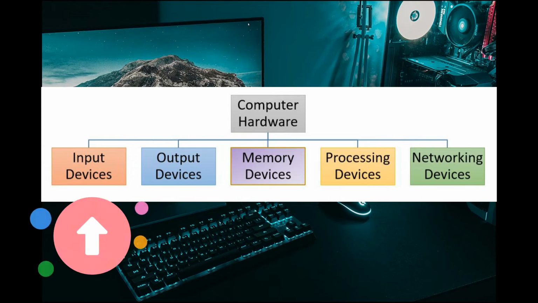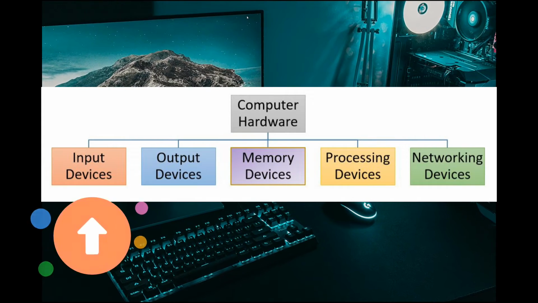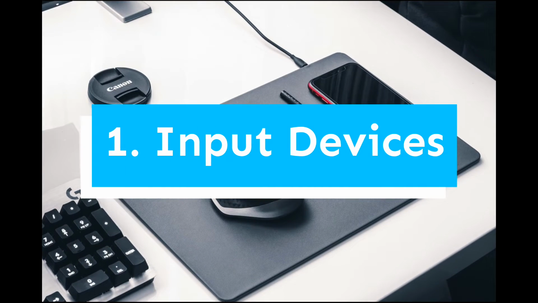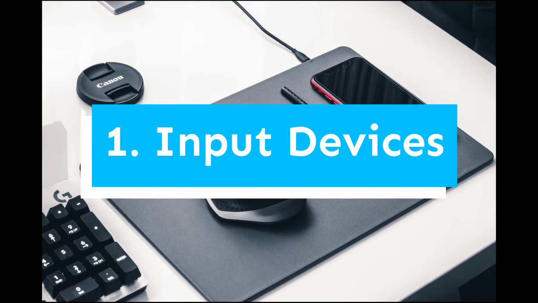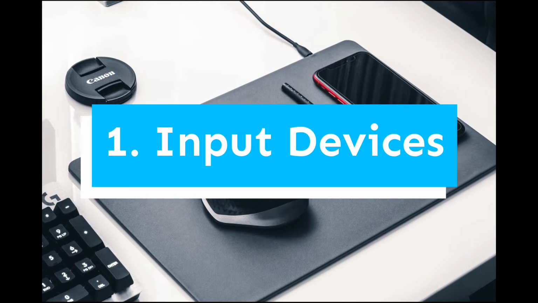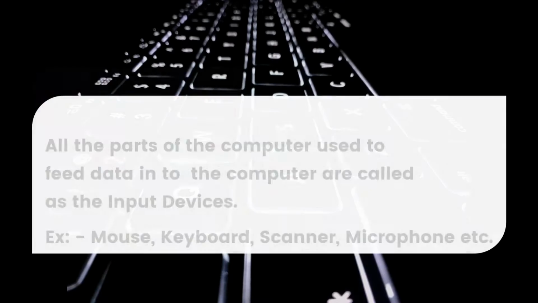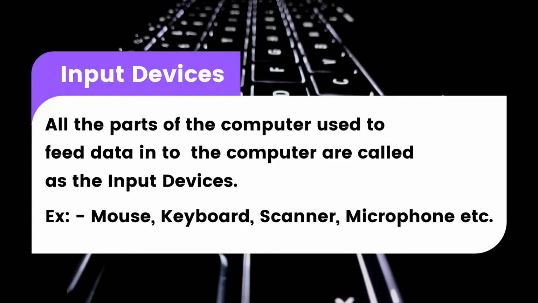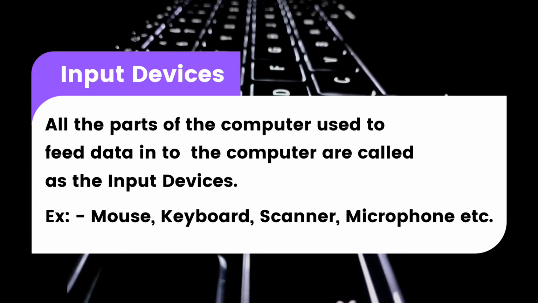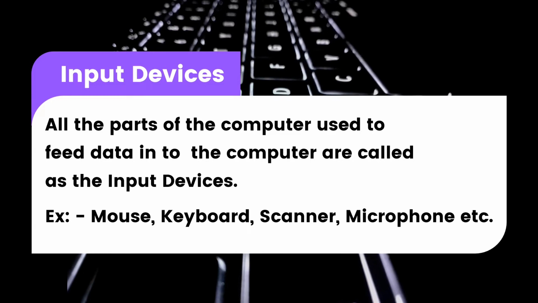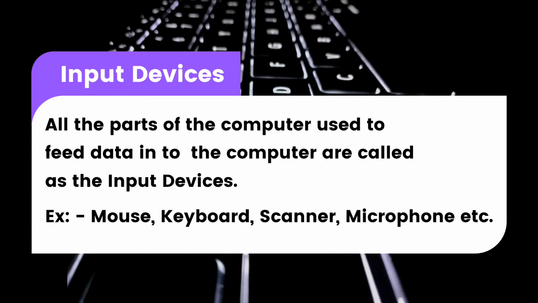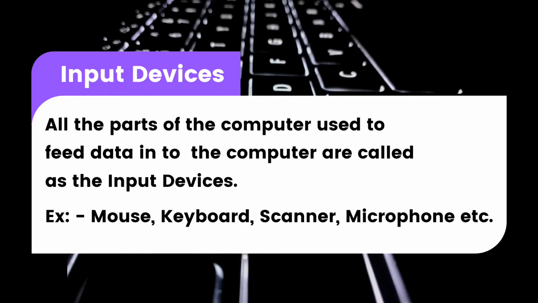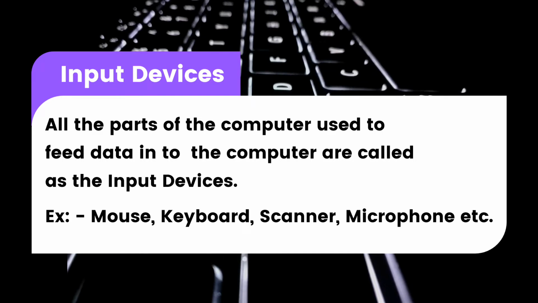Let's learn about the first category of computer hardware, that is, input devices. All the parts of the computer used to feed data into the computer are called input devices. Examples: mouse, keyboard, scanner, and microphone.